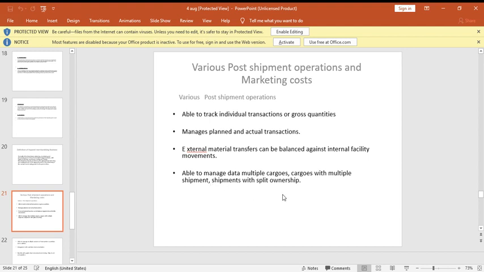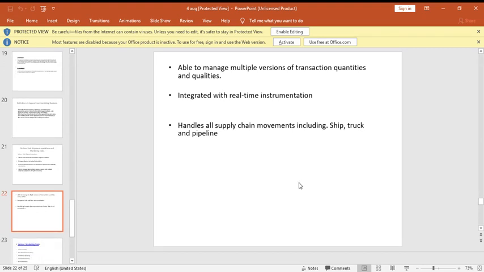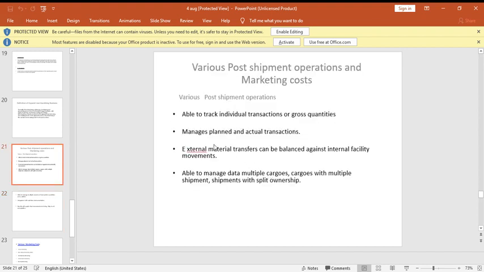Able to manage data, multiple cargoes, cargoes with multiple shipments with split ownership, and able to arrange multiple versions of transaction quantities and qualities, integrated with real-time instrumentation. Handles all supply chain movements including ship, truck, and pipeline. So these are the various post shipment operations.